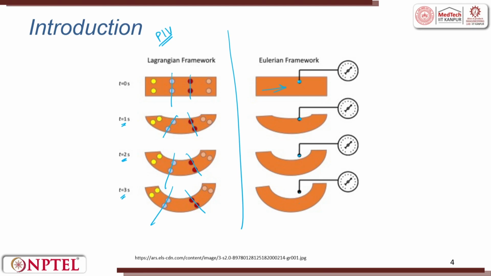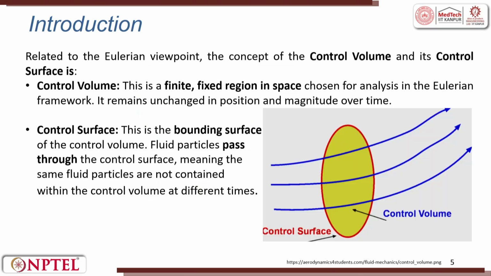But all you are doing is, with respect to that fixed location, seeing what the response is. Generally, wherever we put a pressure gauge, a thermocouple for temperature measurement, or a velocity measurement, the sensor will be fixed at a given point. From there, we use this Eulerian viewpoint.